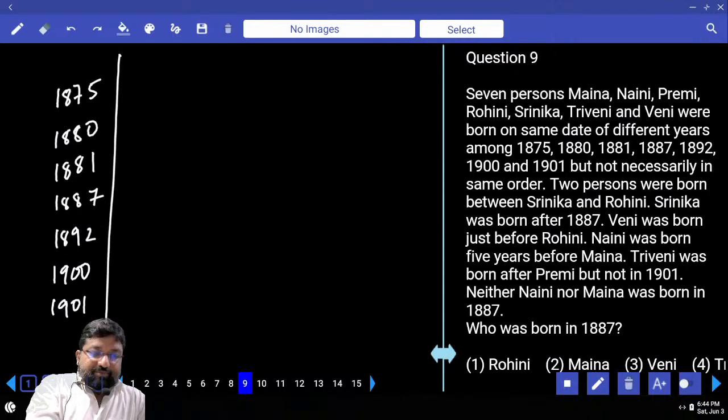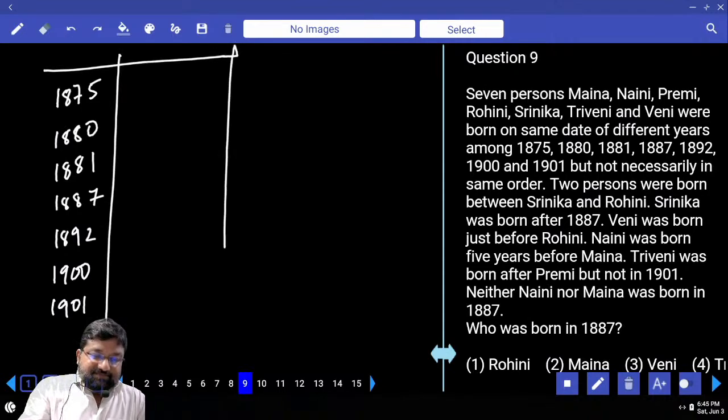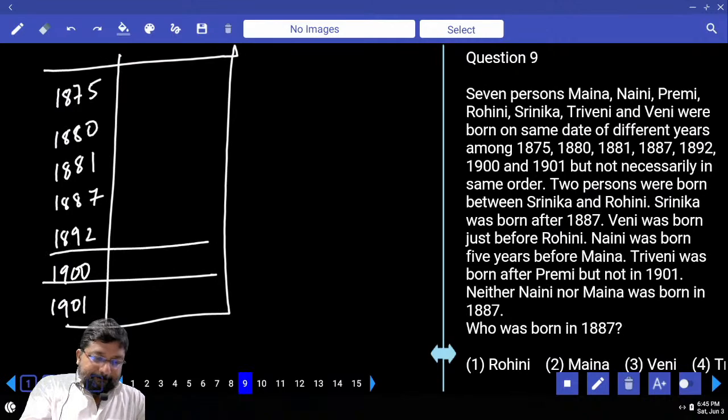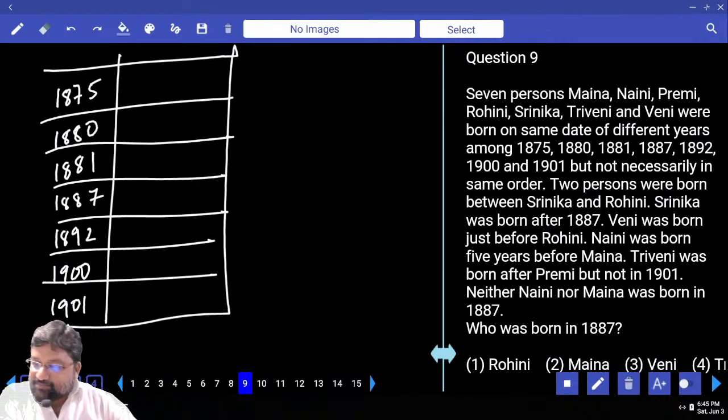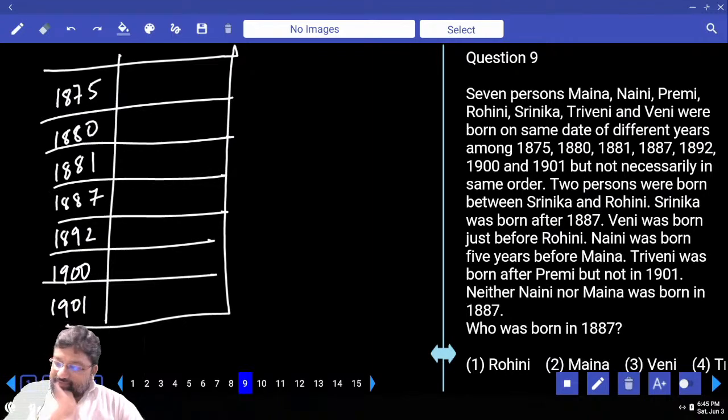What is the total number of people? 7. First point: 2 persons were born between Srinika and Rohini.